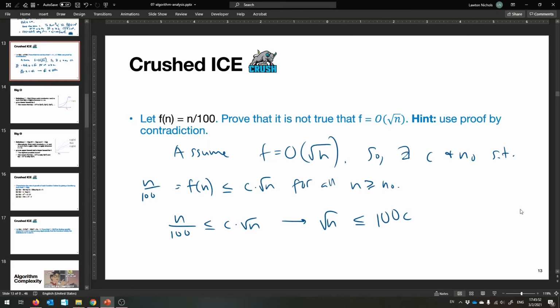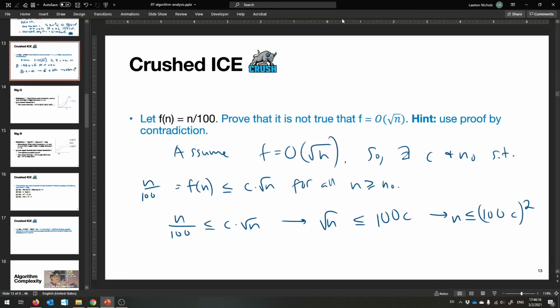Okay, now this is supposed to be true as long as n is greater than or equal to n naught, for giant values of n. And so, well, let's square both sides. 100c squared.